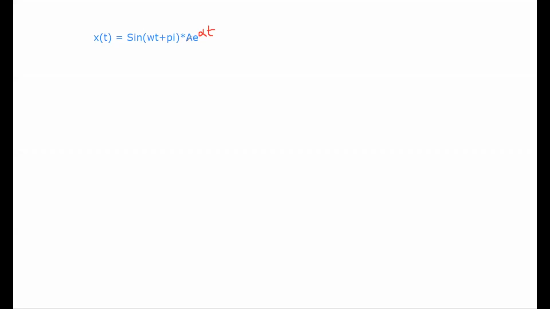As we have already seen the nature of these exponential signals and sinusoidal signals in the last class, exponential signals, depending on the values of alpha, are of three types. Alpha is equal to 0, alpha less than 0, and similarly alpha greater than 0.